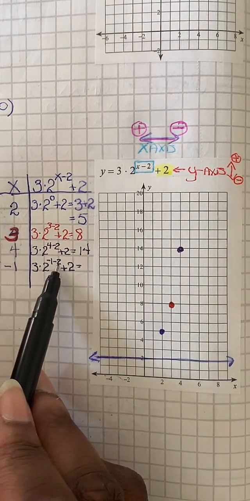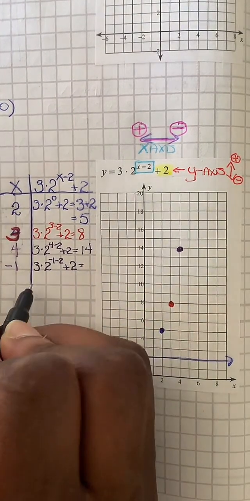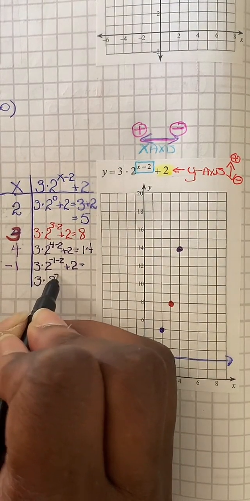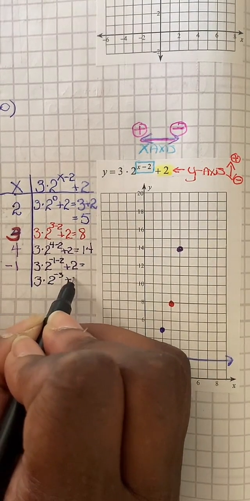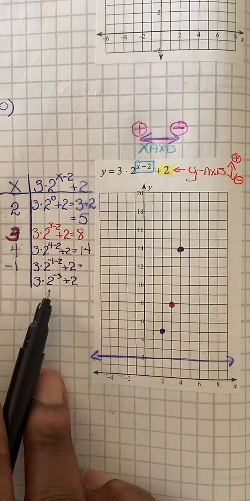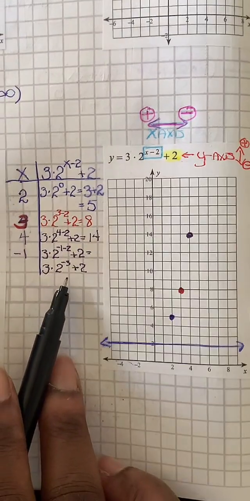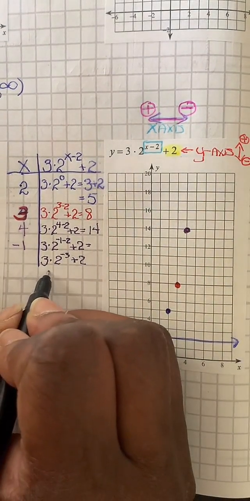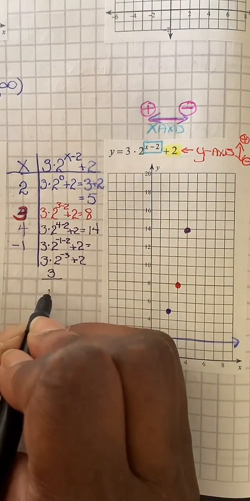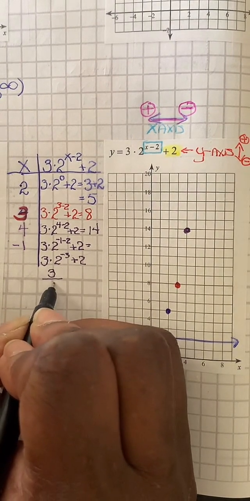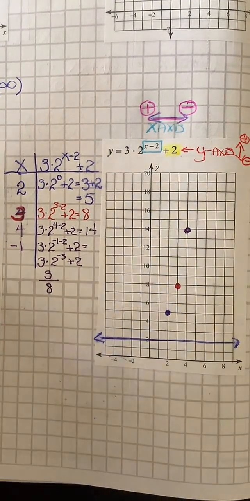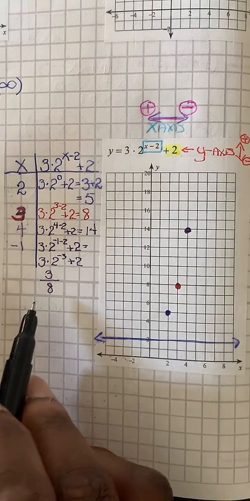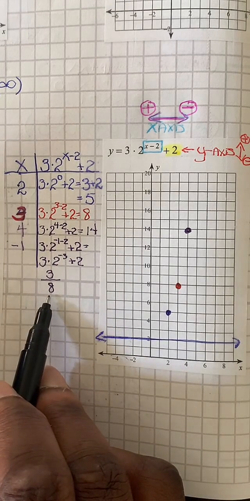So -1 minus 2 gives me -3. So you have 3 times 2 to the -3rd plus 2. You cannot have a negative exponent, okay? So you have to flip it. So it's actually going to be 3 over 2 to the 3rd, which gives me 8. So 2 to the 3rd is 2 times 2 times 2. That's where the 8 came from.